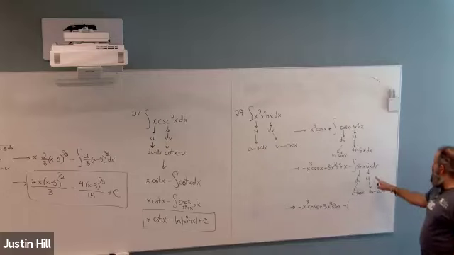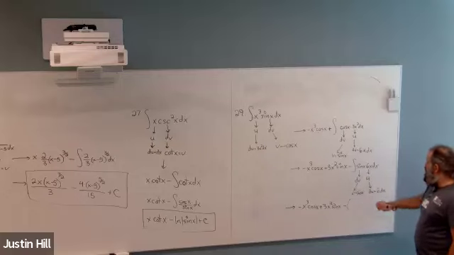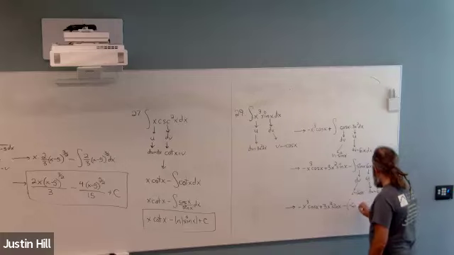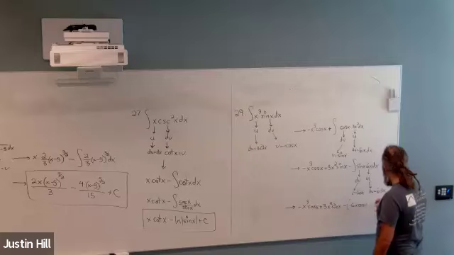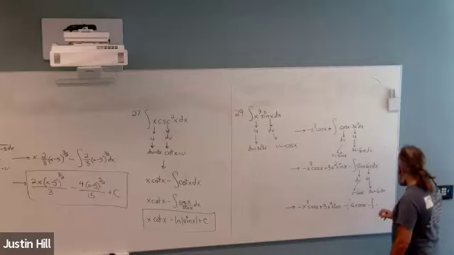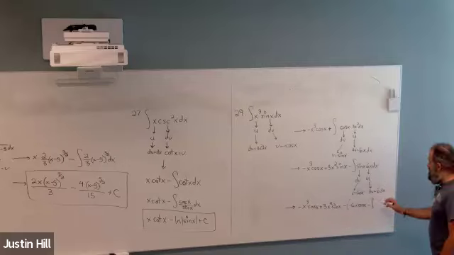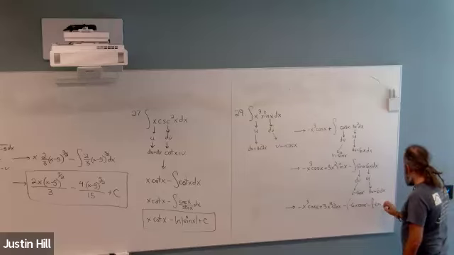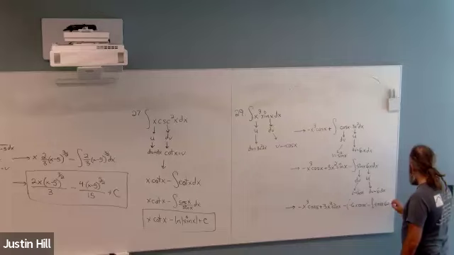So u times v, so 6x times negative cosine of x, negative 6x cosine of x. And then minus the integral now of v du, so negative cosine x times 6 dx.